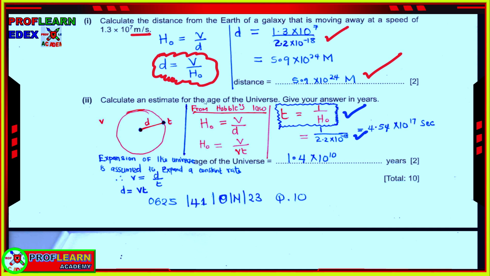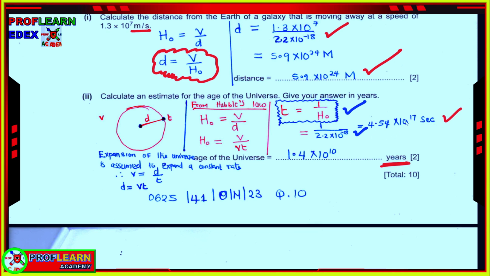That's this question whereby we are supposed to estimate the age of the universe. For you to estimate the age of the universe, you are supposed to use t equals 1 over Hubble's constant. So if you work it out, you are going to get your answer being 4.54 times 10 to the power 17 seconds.